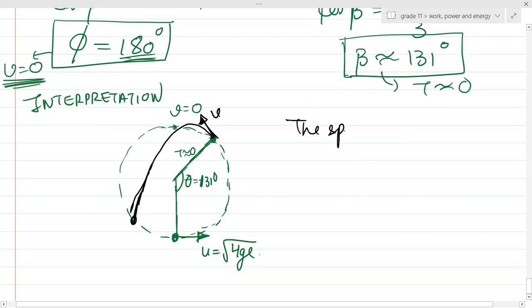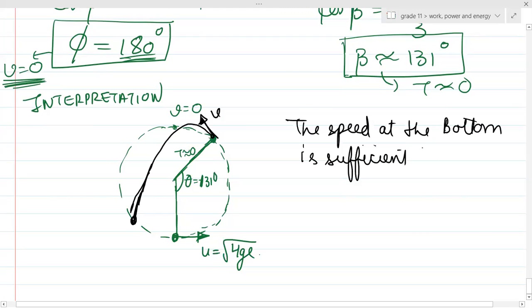The speed at the bottom is sufficient to carry the bob to the topmost point.